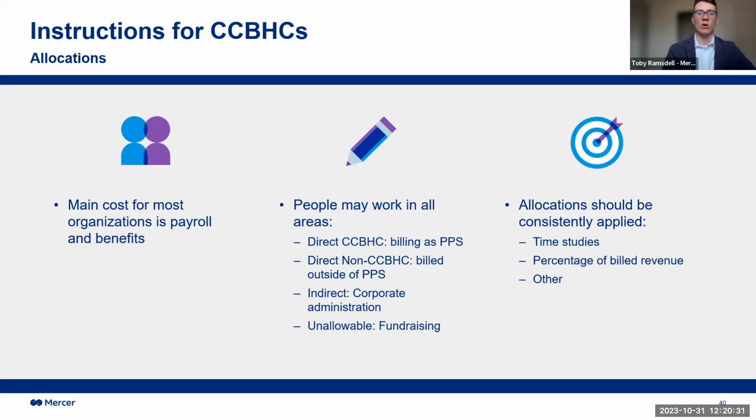And those personnel may also provide indirect costs. They may be a part of management or provide some administrative functions. So in that case, you would need to allocate part of their time from direct CCBHC to indirect costs, or direct CCBHC to non-CCBHC direct costs.